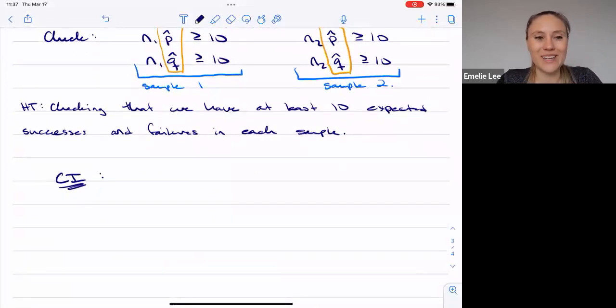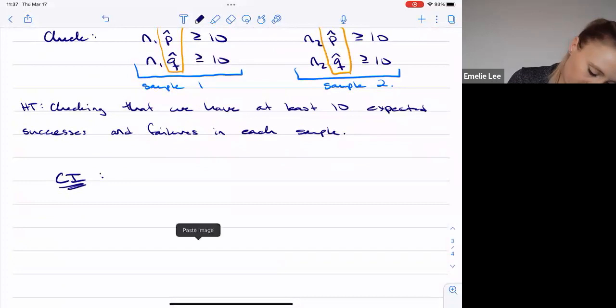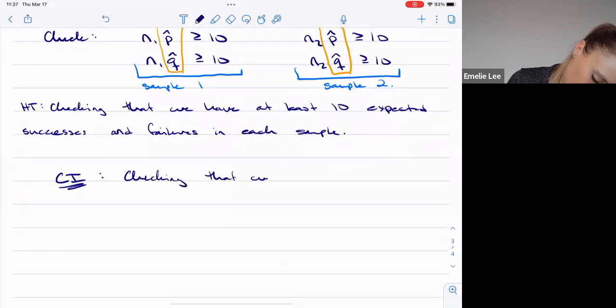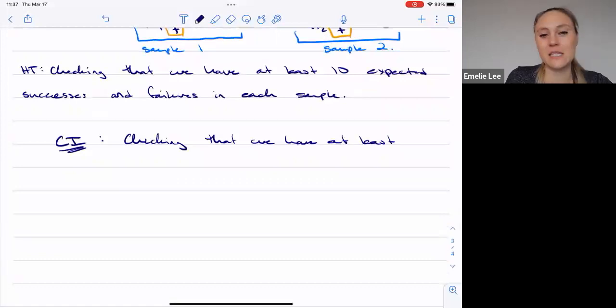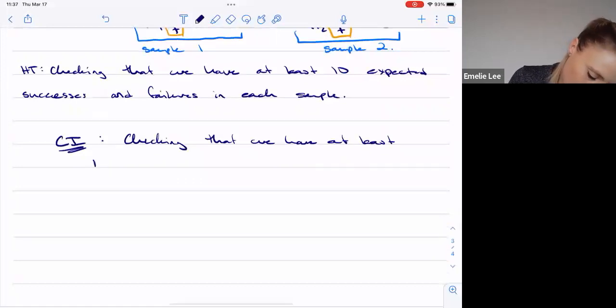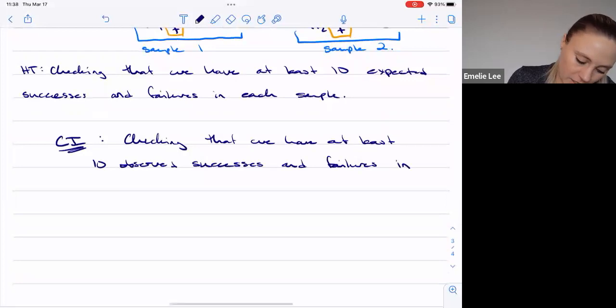You're going to be checking that we have at least 10 observed successes and failures in each sample.